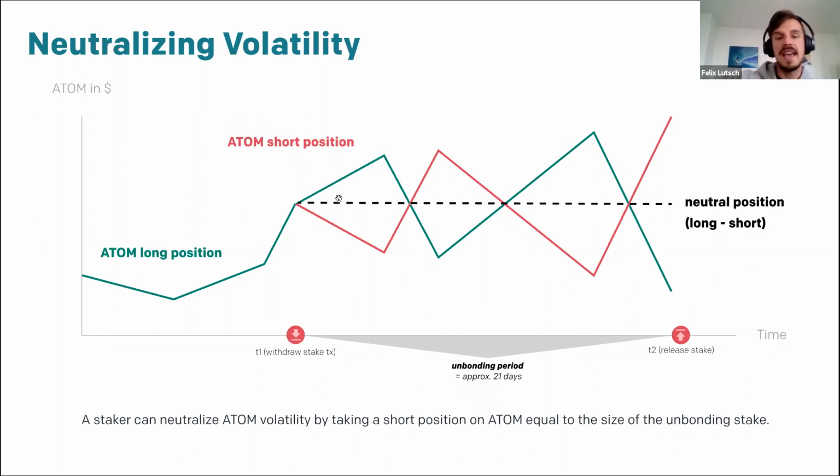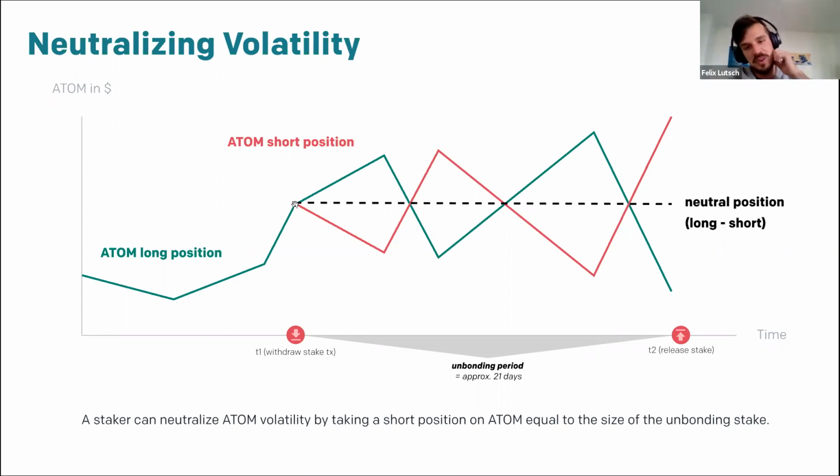If you take a short position of the exact opposite, you get a neutral position, right? So no matter where the price moves, you get exactly the price of Atom that you had at the time you sent the withdrawal transaction. So basically, you can neutralize this Atom volatility by doing this short position.